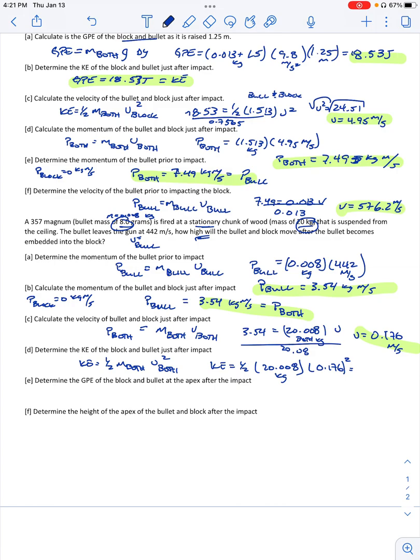So our kinetic energy here, KE equals 0.310, and that's going to be joules.